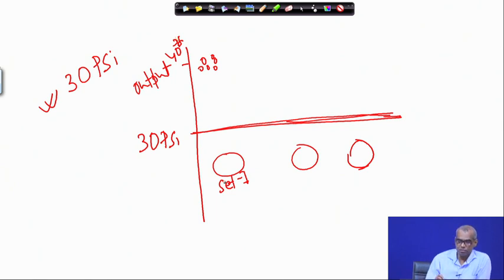So, the instrument is every time indicating 40 psi. So, its accuracy is low, but precision is high. In another set of exercise, again I measure the same 30 psi pressure with another pressure gauge 6 times, and now let us say I get something like this.